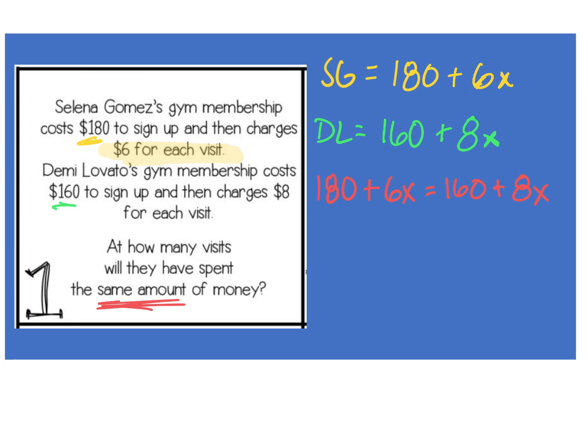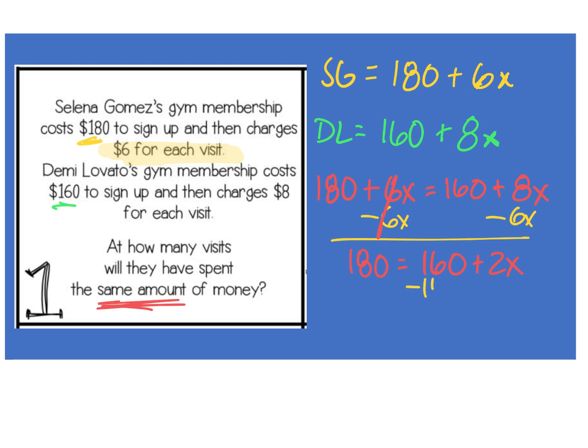So, as I'm looking here, now I've got to solve that. We all know me. I'm going to get my variables together. So the first thing I'm going to do is subtract 6x from both sides. So I get 180 is equal to 160 plus 2x, because 8x minus 6x is a positive 2x.